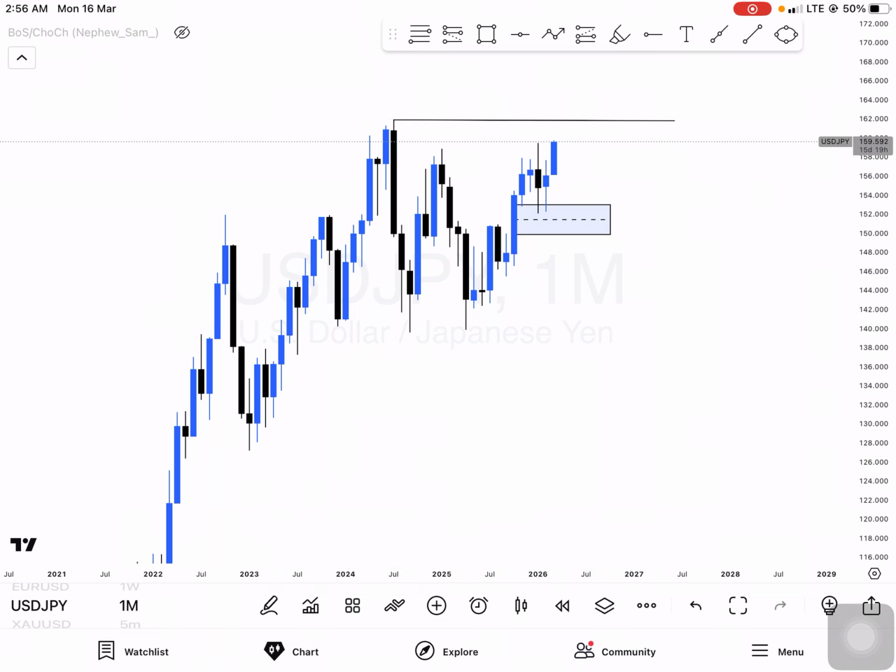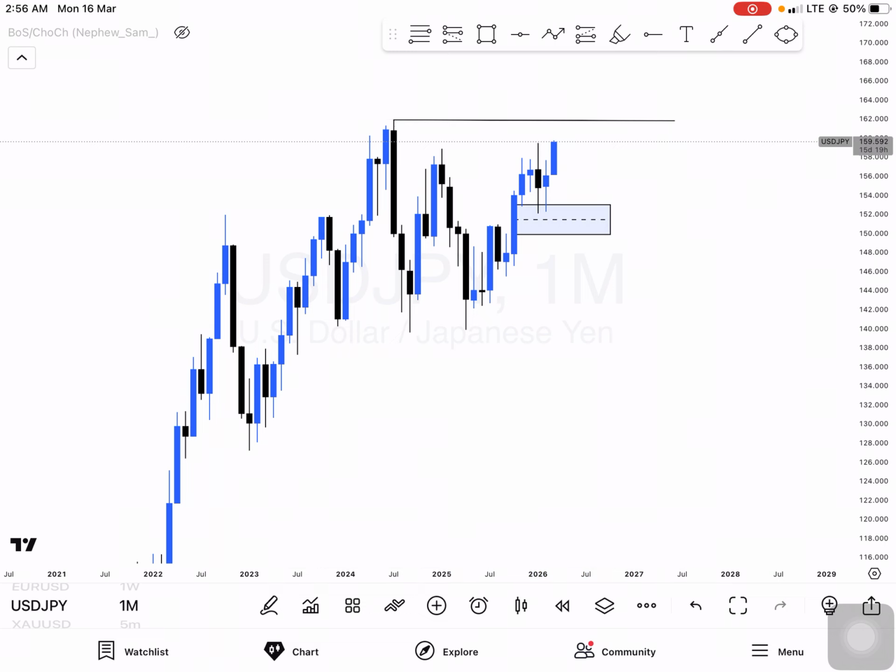All we need to be doing is looking for buying opportunities in the lower time frame. So coming to the weekly time frame, we realize that the market keeps on breaking structures to the upside. Look at what the market just did here. The market just broke this structure to the upside. The market closed last week above this candle here.